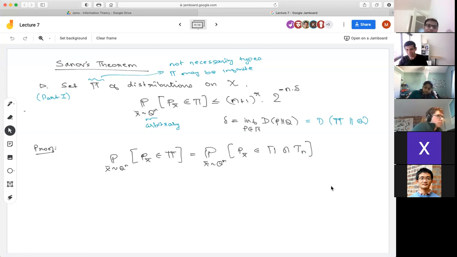So it can only be a distribution which arises from length n sequences.